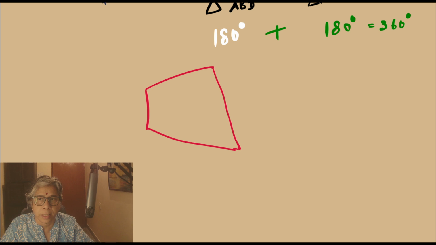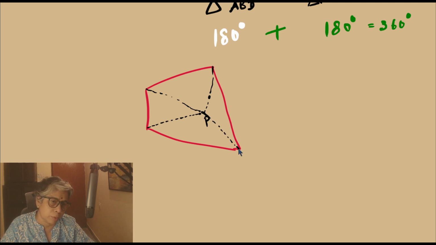Instead, let's just say that there is a point P anywhere in the interior of the quadrilateral, and let us connect all the 4 vertices to the point P. So this is connected, and the second vertex is connected to P. The third vertex is connected to P, and the fourth one also, right?